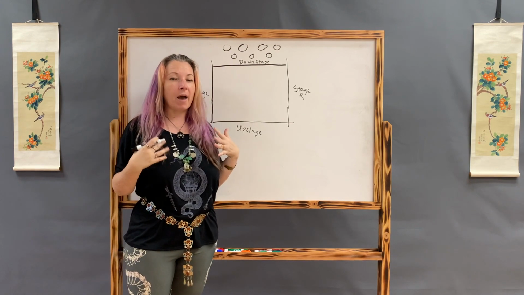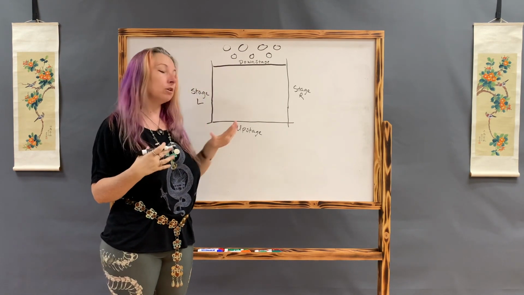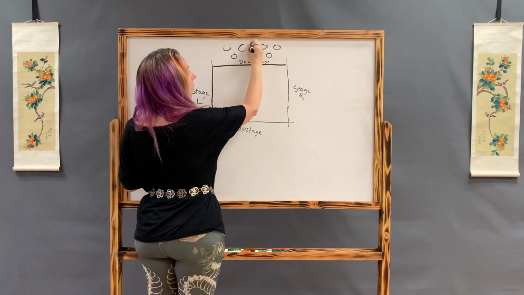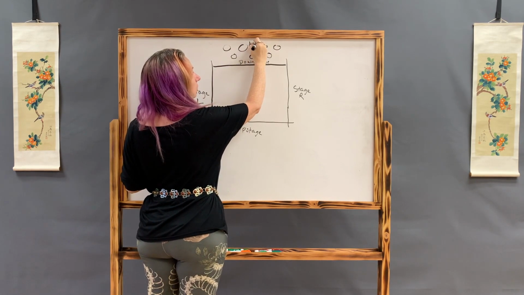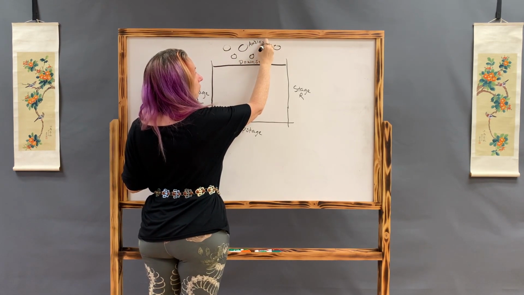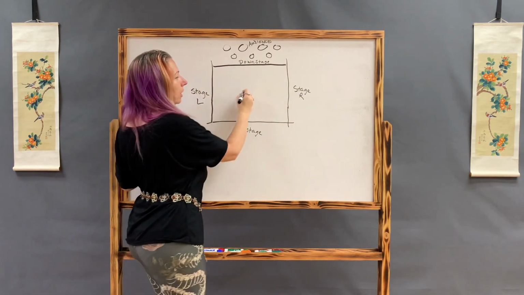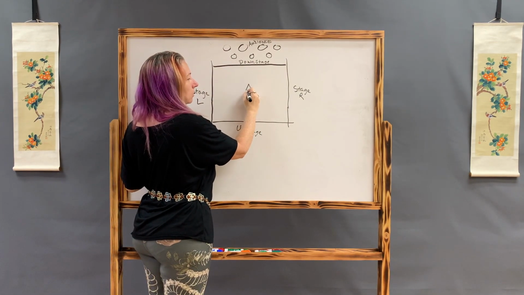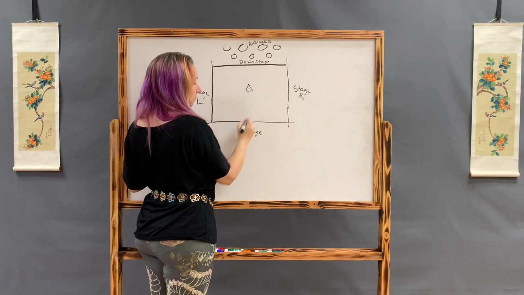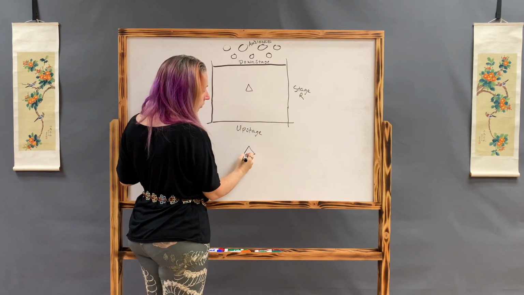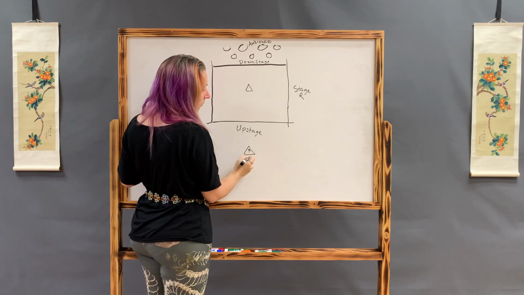I remember them as if I am dancing facing someone, like this is my audience right here. Hopefully you can read my chicken scratch. If I'm the performer and I am here, and we use the triangle, this would be facing forward.